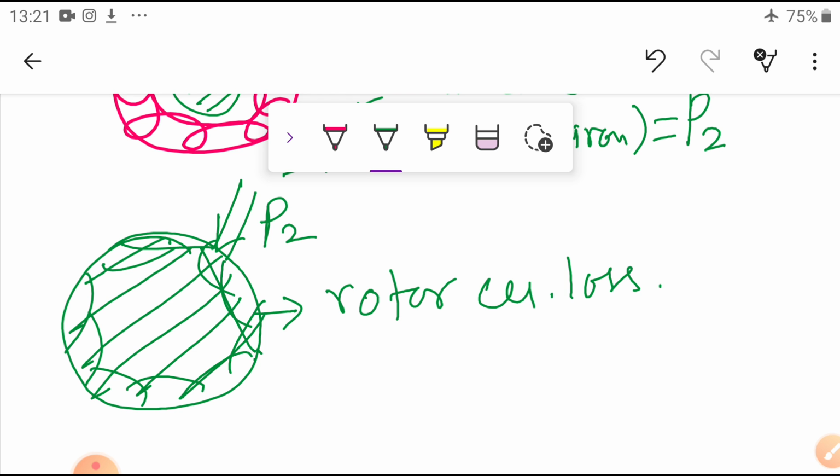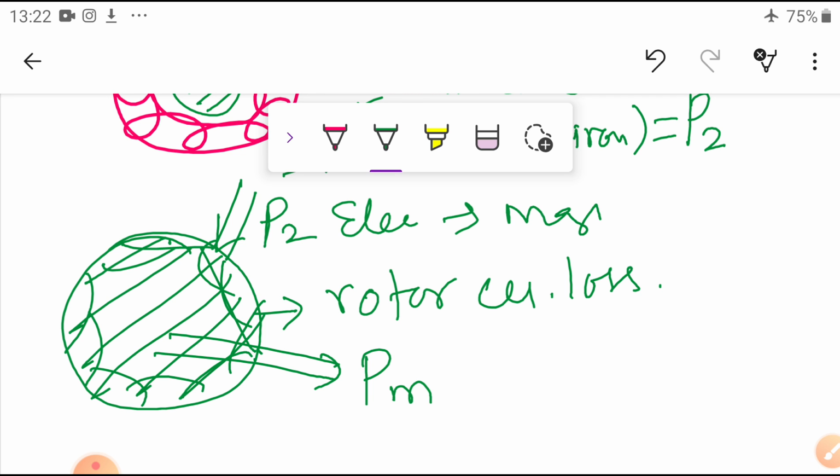Now what happens here? It is generating the mechanical energy PM. The electrical energy is converted to magnetic energy, the rotating magnetic field, and that is converted to mechanical energy. PM is the mechanical energy, the rotor output in the form of mechanical energy.